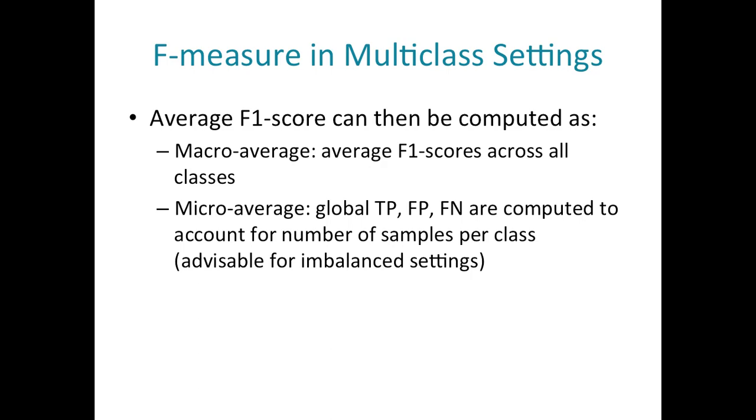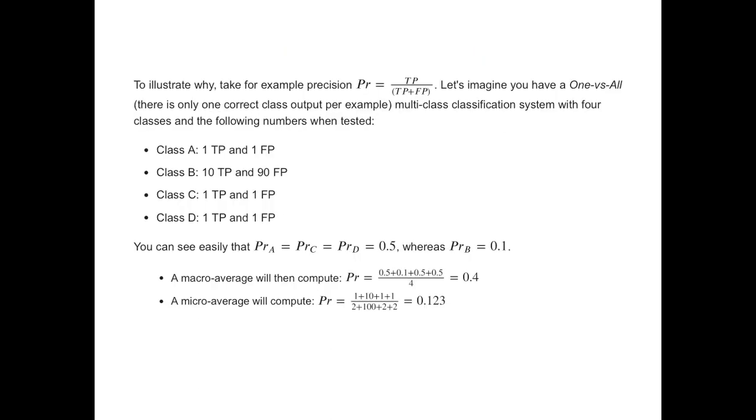And let me walk you through an example so that you understand the difference between macro and micro averages. I have simplified this example so that we are only computing precision instead of F1 score, but the reasoning would be the same. So in this case, we have 4 different classes, A, B, C, and D, okay?